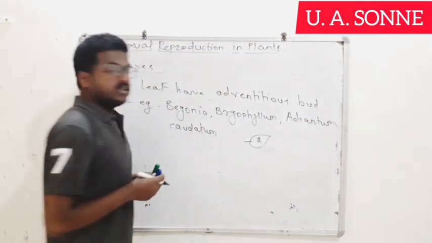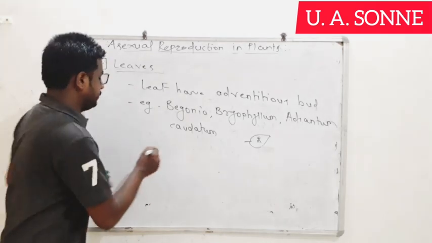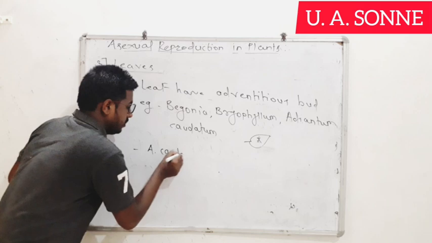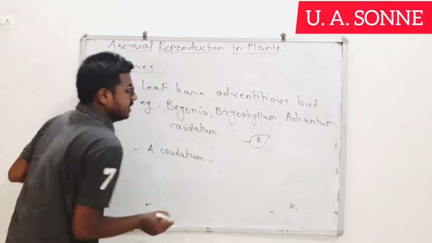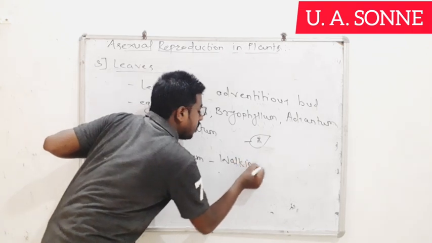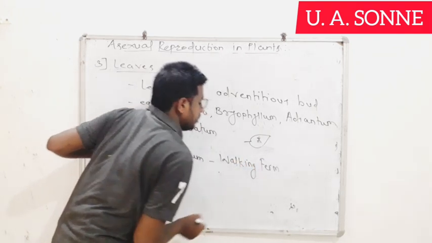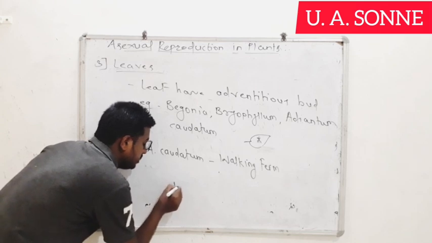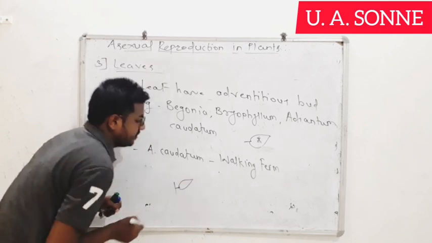Adiantum cordatum is also called walking fern. Why is this called walking fern? This is the leaf of Adiantum cordatum.